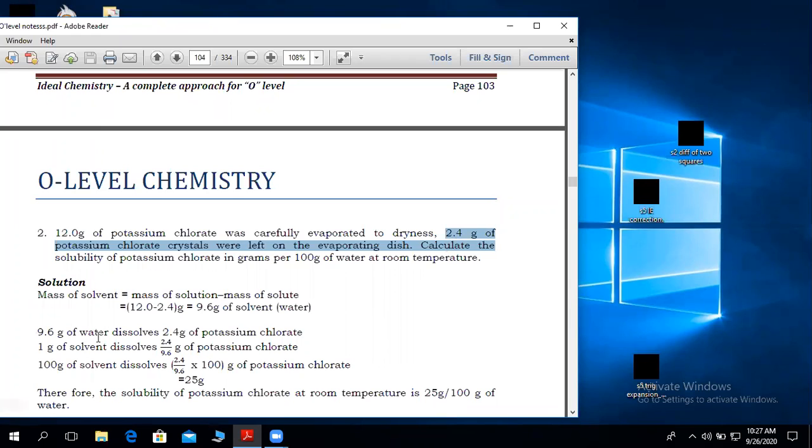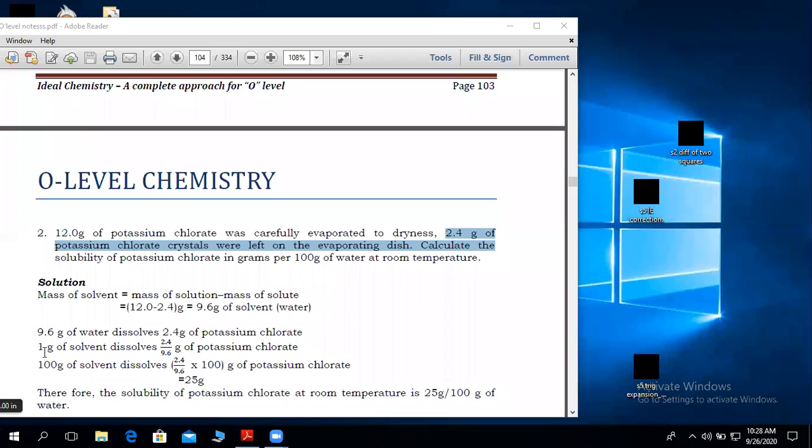So 9.6 grams of water dissolve 2.4 grams of potassium chlorate. That means 1 gram of solvent, which is water, I have divided by 9.6 both sides.